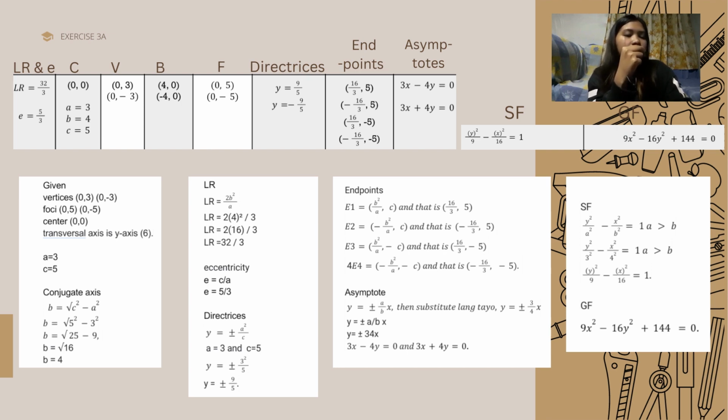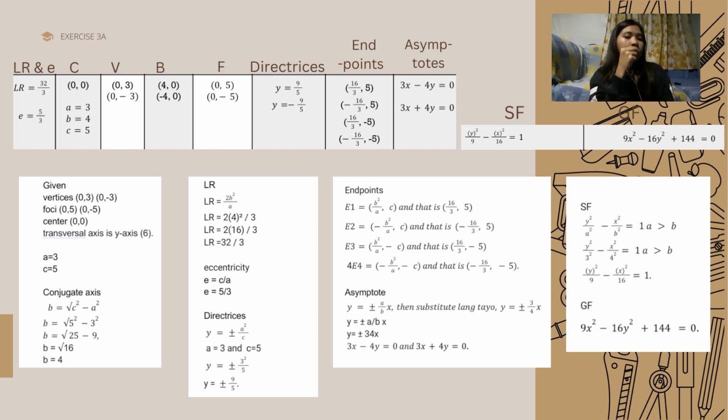And yung magiging answer natin for that one is 3x minus 4y is equals to 0. And 3x plus 4y is equals to 0. Dalawa yung value kasi we have the positive answer and the negative one. Okay?